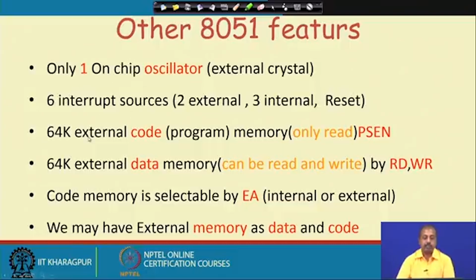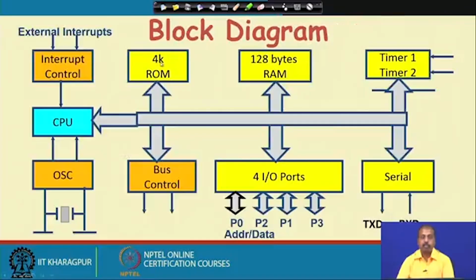Then we have got 64 kilobytes of external code space. Okay. So, that is for the program memory. Internally we have got 4 kilobytes of ROM. If you are connecting external memory, you can go up to 64 kilobytes of external ROM.